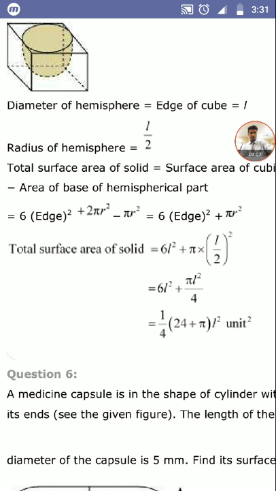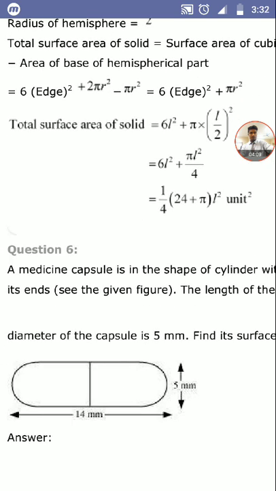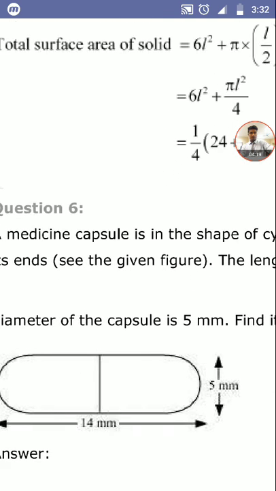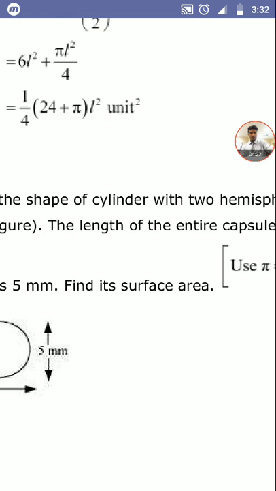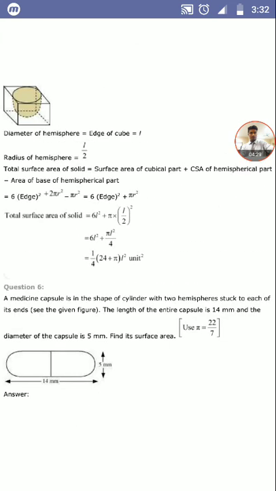Okay, now this question number 6 needs to be done on your own as homework. Imagine a capsule. I hope everybody has seen a capsule. So a capsule you can term as one cylinder portion and two hemisphere portions. Okay, one cylinder and two hemispheres you can take, and you can find the surface area.